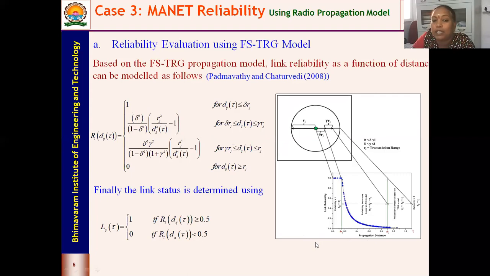So that means it is equal to 0. So link existence can be defined by the first 3 conditions, and the last condition indicates that the node is completely out of range of the transmission range, and hence the link reliability is equal to 0.